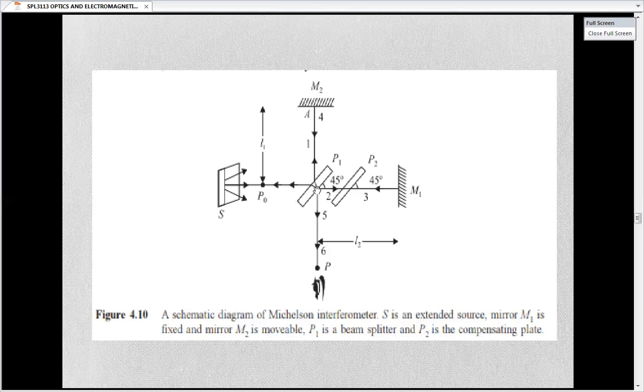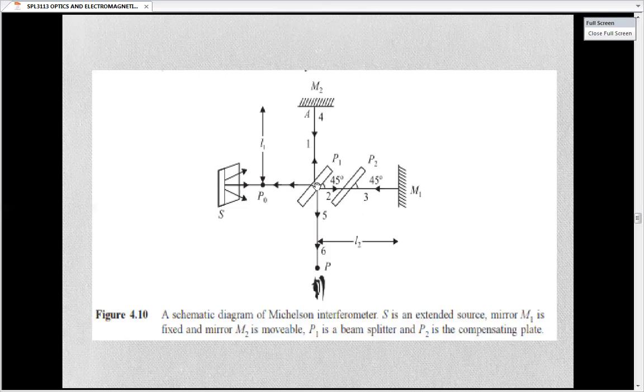But what is important here? First of all, allow me to point out one difference. We take a scenario where we do not have the glass plate P2. Let's remove P2 from the diagram so that we have the first ray coming to the glass plate P1, transmitted one time, second time, third time, and then to the eye. While the second one comes to the glass plate P1 one time, goes to the mirror and back.